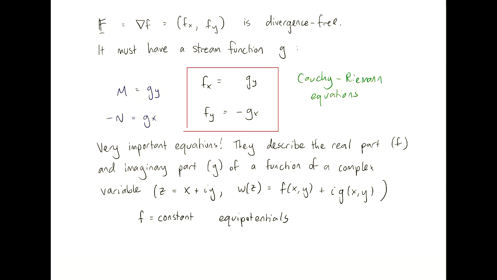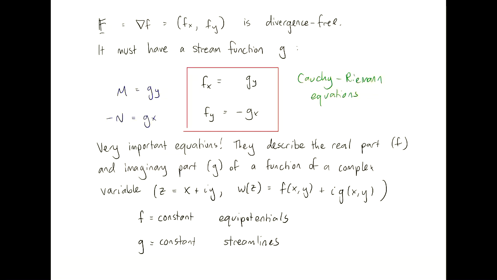And that f is the exact f you need to get the field underlying everything. And any line where g is constant are called streamlines. Which means that any function of a complex variable describes a flow with equipotentials and streamlines.